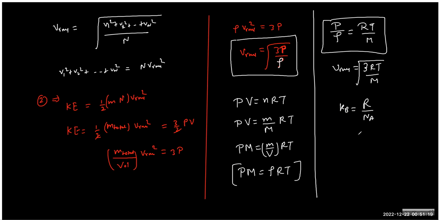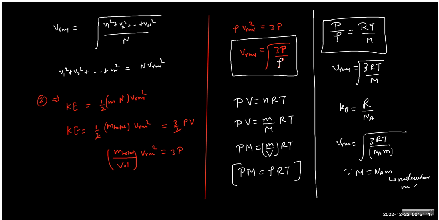R by N A. So VRMS, and molar mass is defined as Avogadro number into molecular mass. So what is small m called?